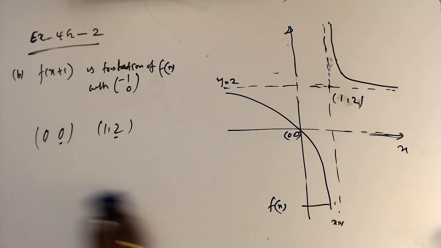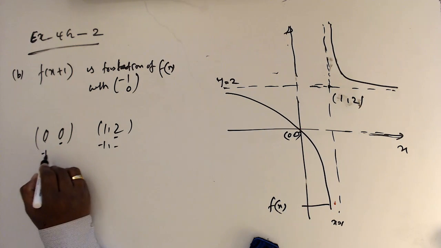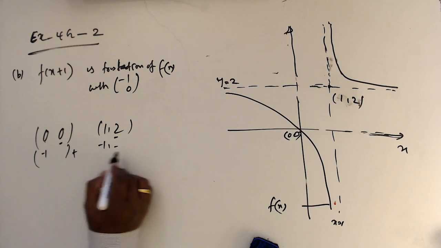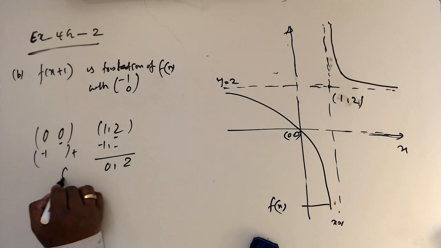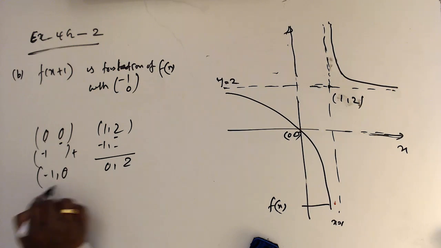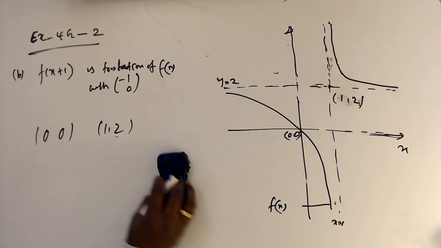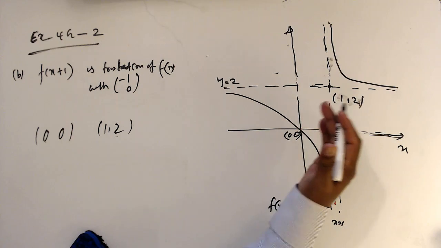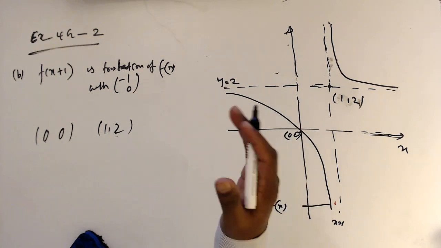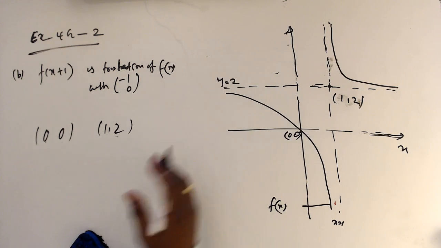This is still the same. If you add minus 1 to the x values, this is going to be 0, and this is minus 1. So basically you need to understand that you are shifting all the curve by 1 unit to the left.